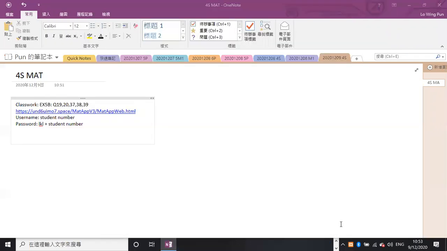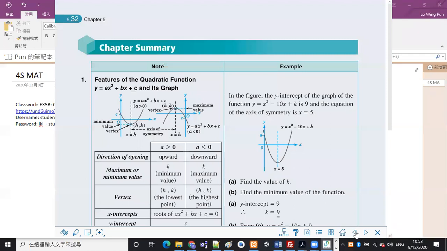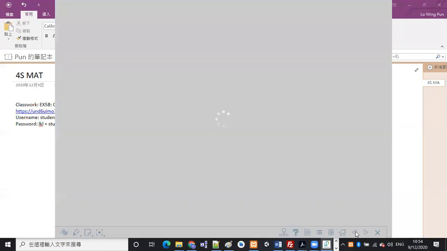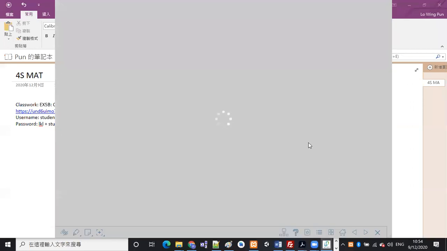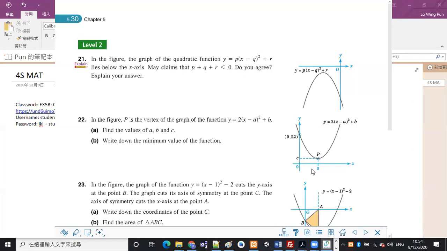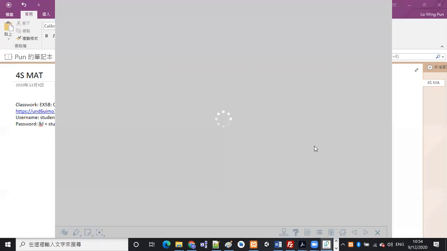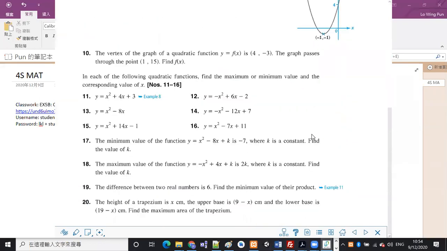Question number 19. 好，我哋做多幾題關於 application 嘅題目先啊。So let me start the first question with you together, and then I'll give you time to do the remaining 4 questions, and then I'll check the answers. Okay, so question number 19.